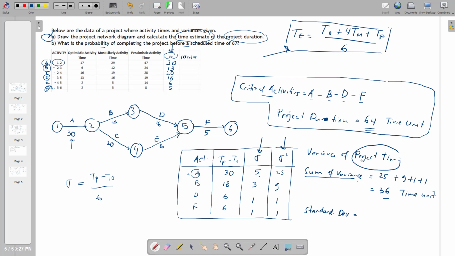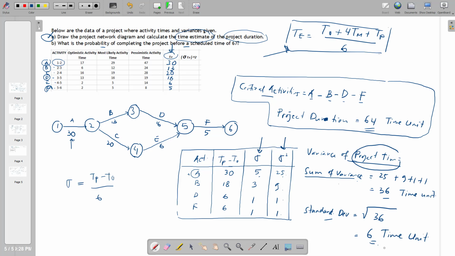For the project time, the variance is 25 plus 9 plus 1 plus 1. And the standard deviation of the project will be the square root of 36, because the total sum of variance is 36. So this one will be 6 time unit.